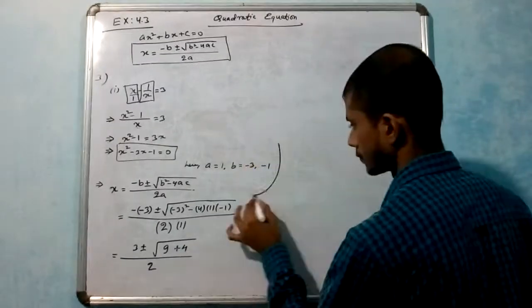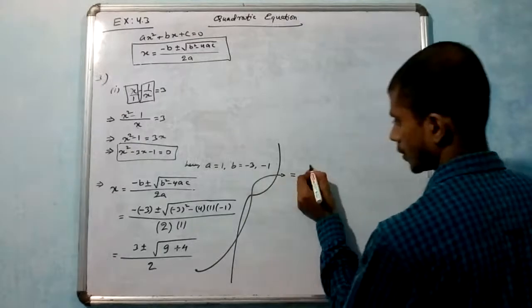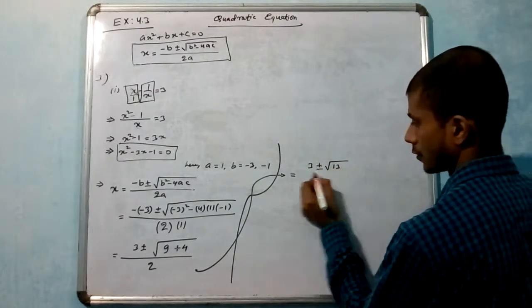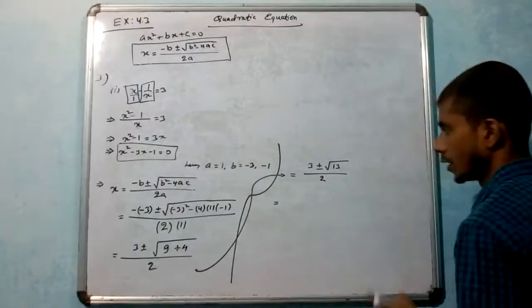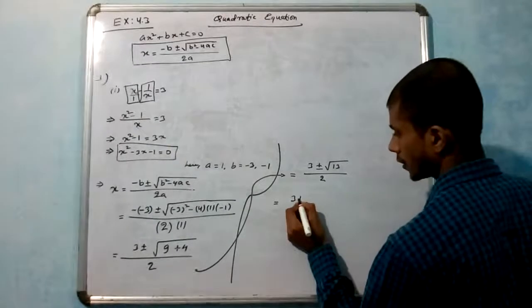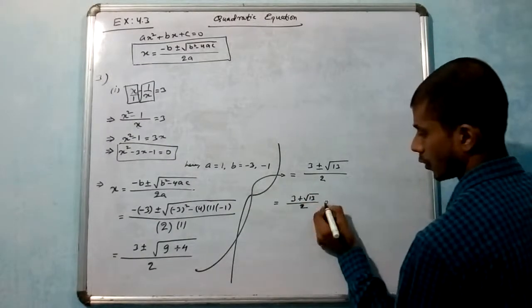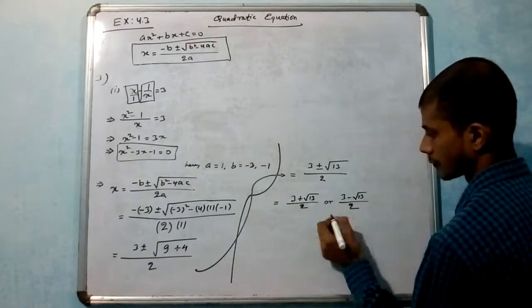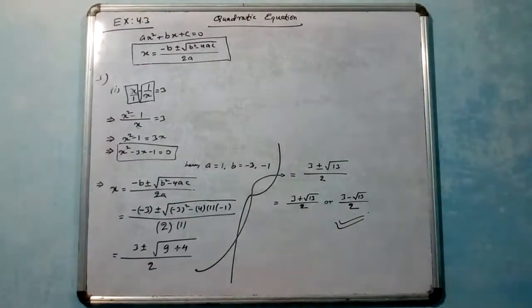Next what? 3 plus minus root of 13 by 2. So what are the two values? 3 plus root 13 or 3 minus root 13. So these are the values. Okay, is it the answer?